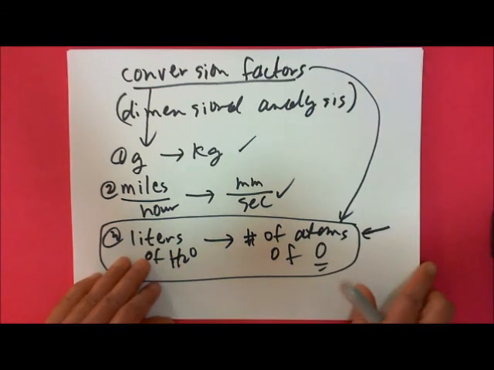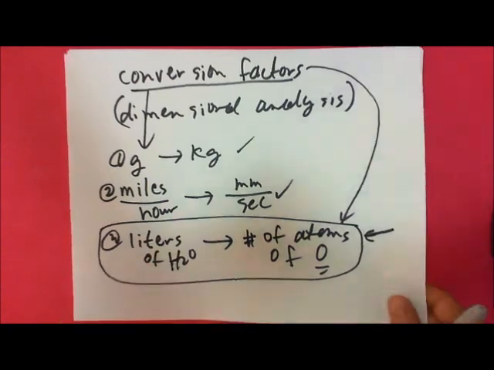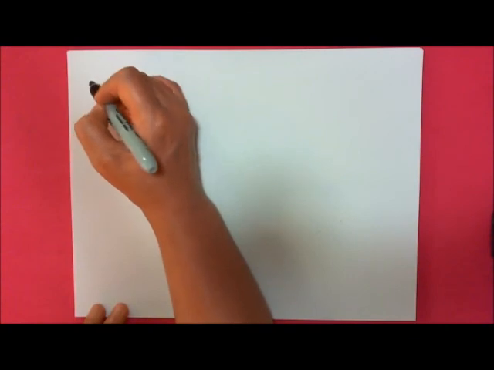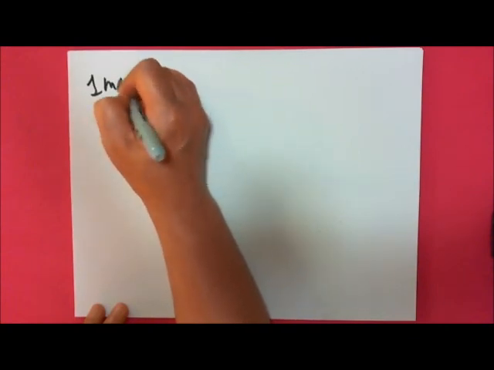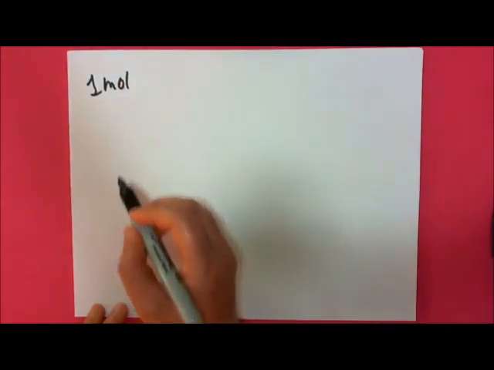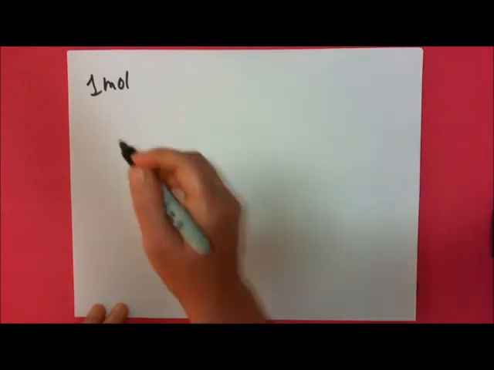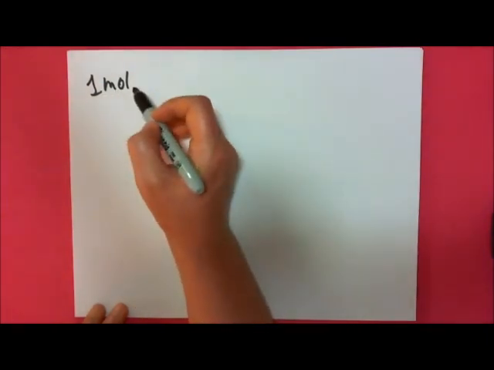Okay, so how are we going to get there? What we said from our previous definition of a mole is that 1 mole, and I'm abbreviating mole by using mol. You can leave out the little e because it saves time. So that's my abbreviation for mole.